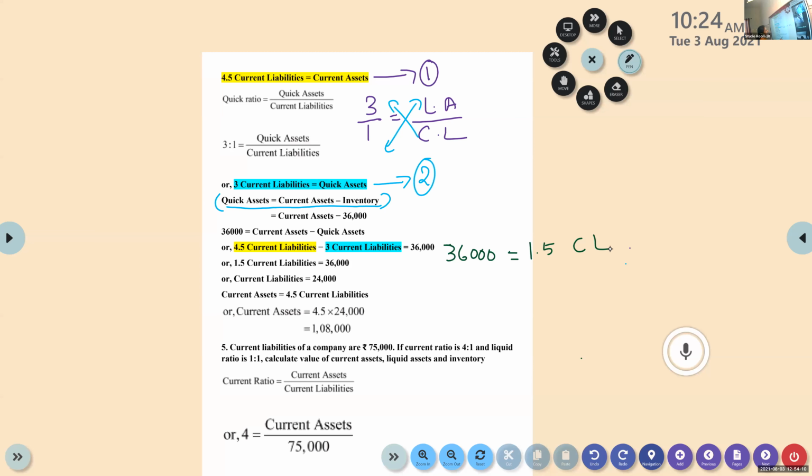How much is CL? 36,000 divided by 1.5 will give you current liability. 36,000 divided by 1.5. So you get current liability as 24,000.